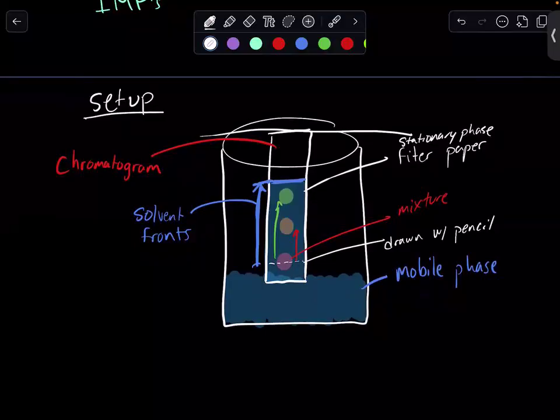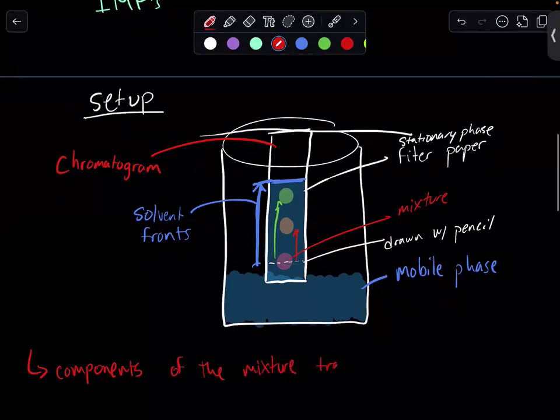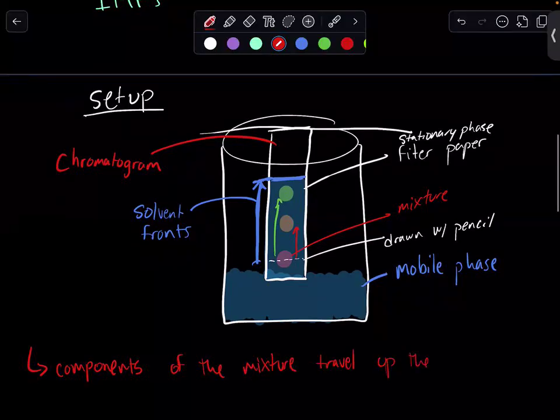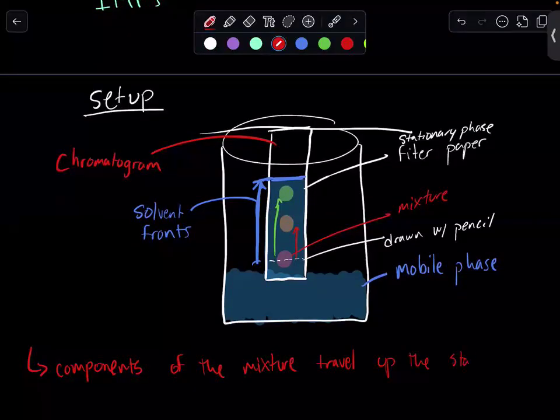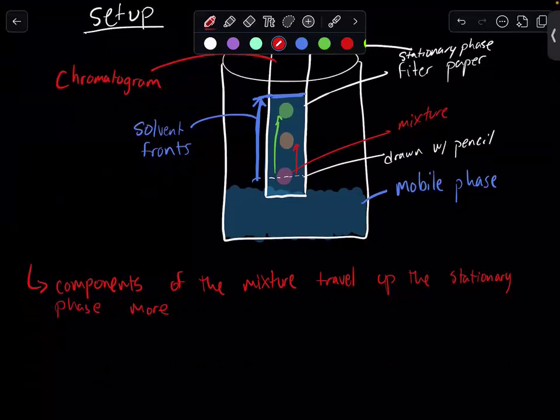So the key here is that the components of the mixture travel up the stationary phase more if they are more attracted to the mobile phase.